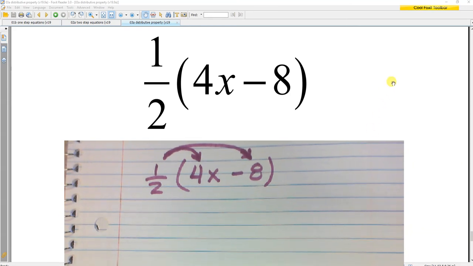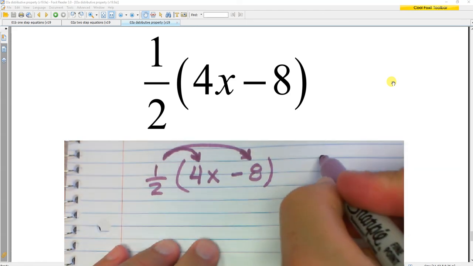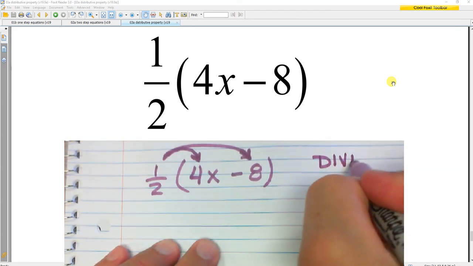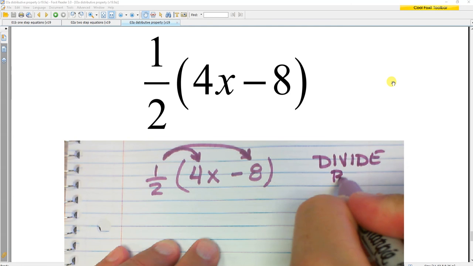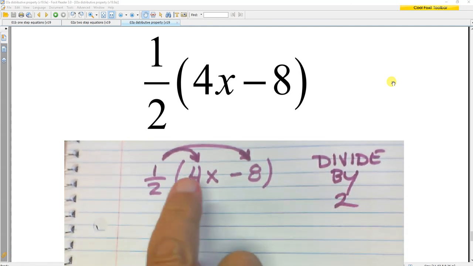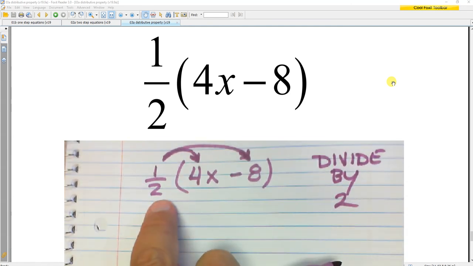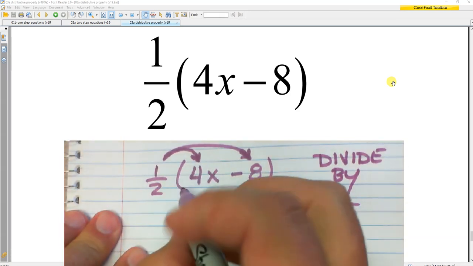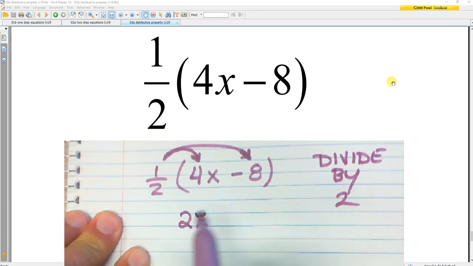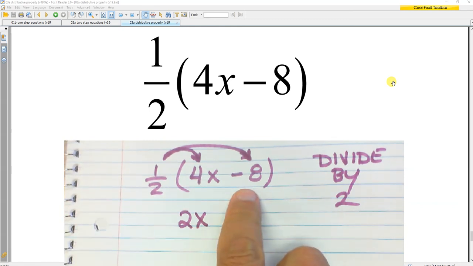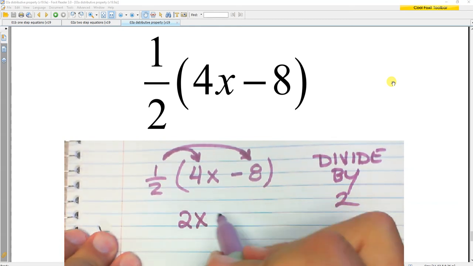Multiplying by 1/2 is the same thing as dividing by 2. So I'm going to put a note here, divide by 2. What's 4 times 1/2? Well, that's the same as 4 divided by 2. 4 divided by 2 is 2x. What's half of 8? Well, half of 8 is dividing it by 2, so minus 4.